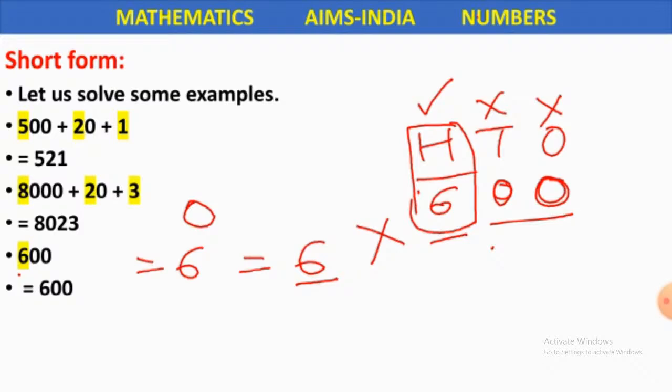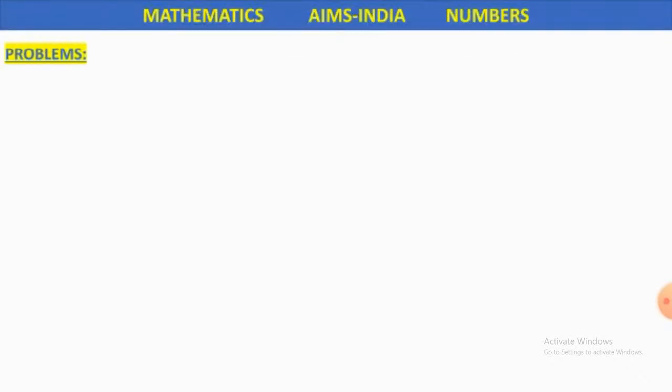Okay, now again it's time for us to solve some examples. Just like in the previous class, I ask everyone to grab a paper and a pencil. I'll give you some questions and you should solve them, okay? Everyone come on, grab a pencil and a book.